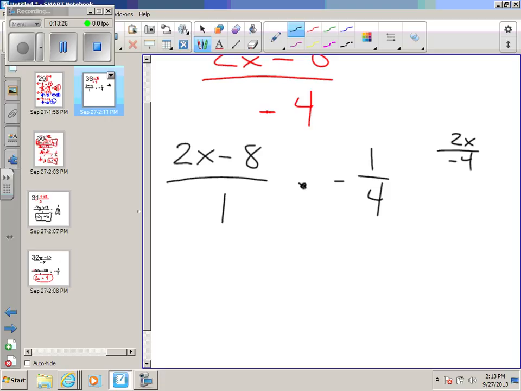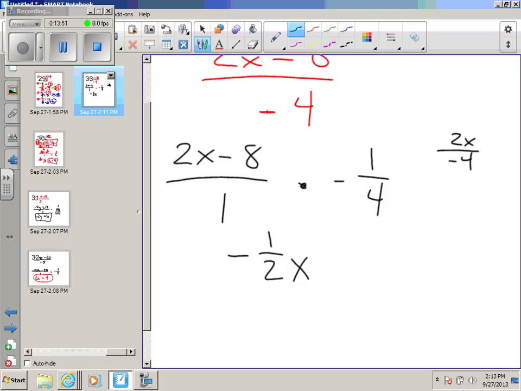If you just saw 2 over 4, what would you automatically think of? Half, right? But now because it's 2x over a negative 4, it's not just half, it's negative half what? X.